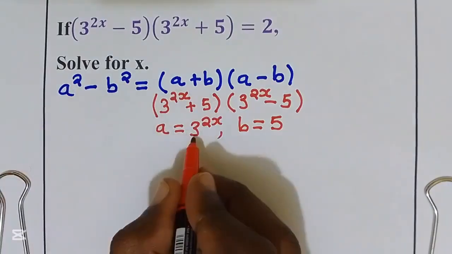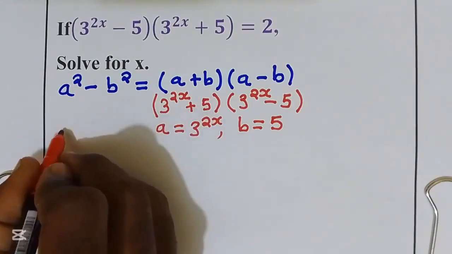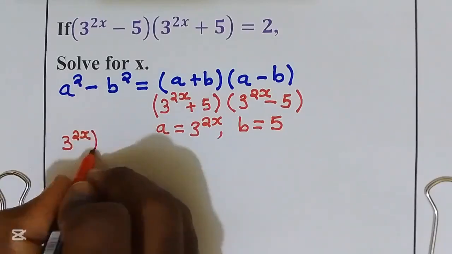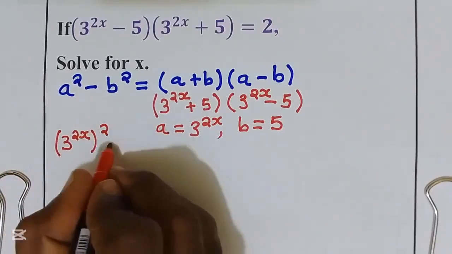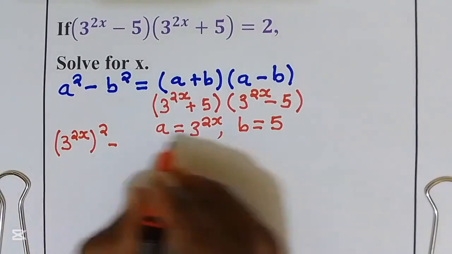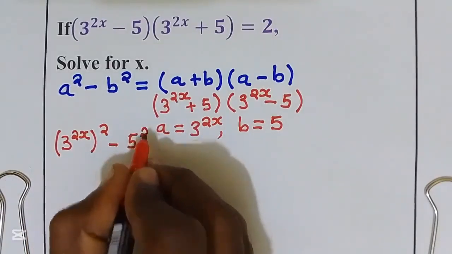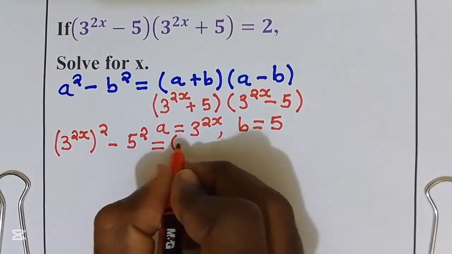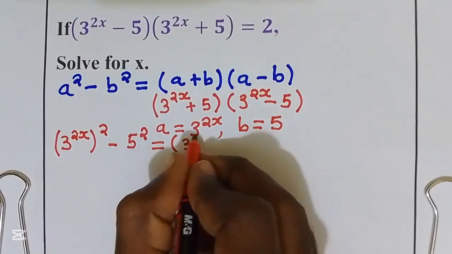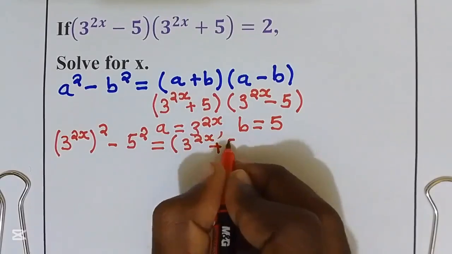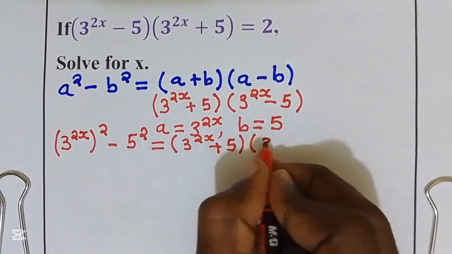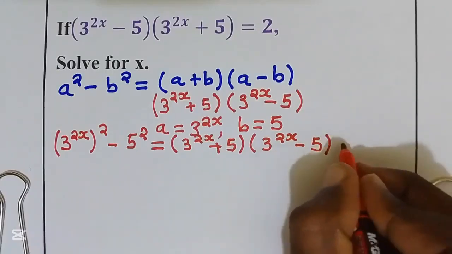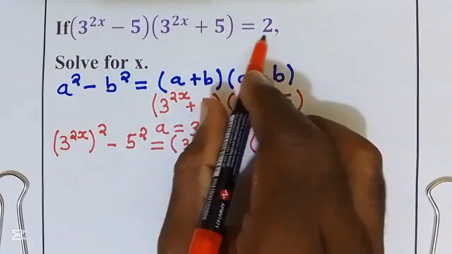By difference of two squares, this is equal to (3 power 2x plus 5)(3 power 2x minus 5), which is equal to 2.